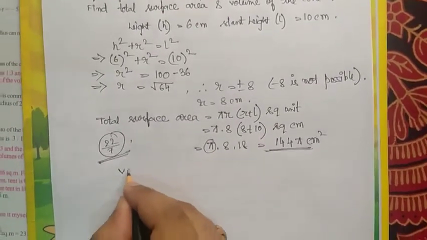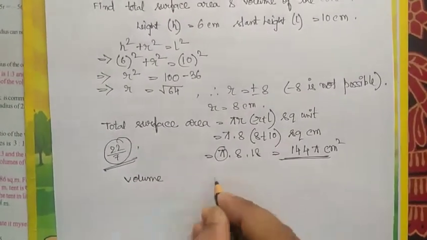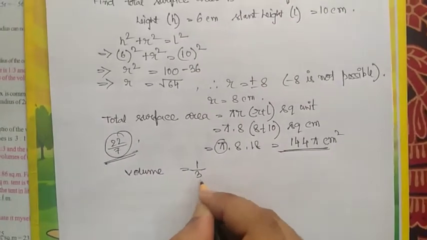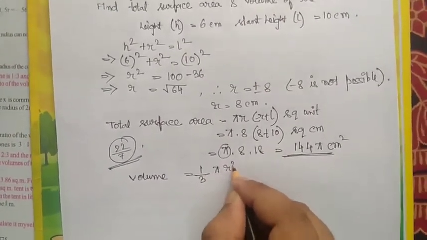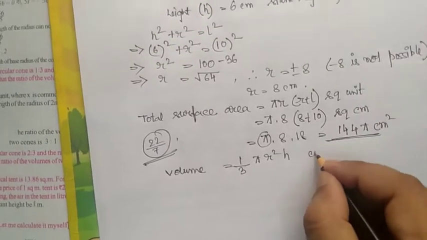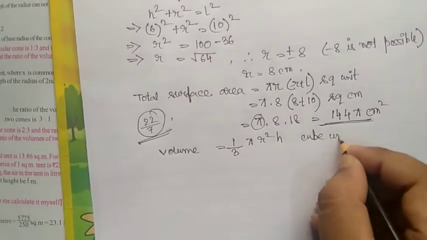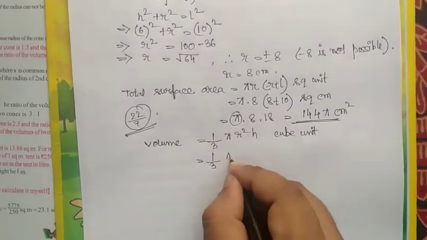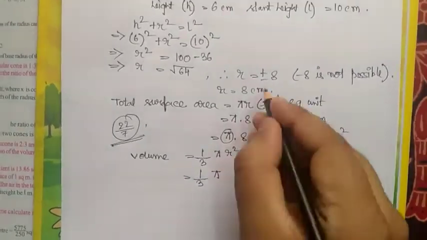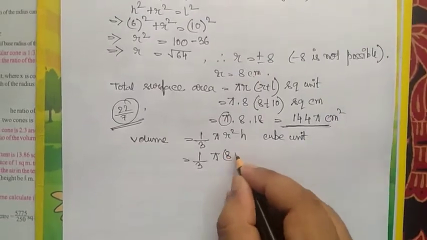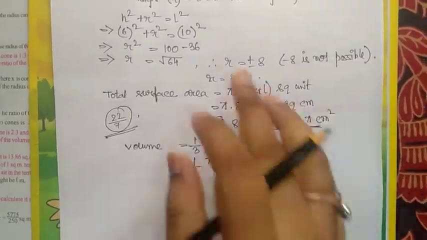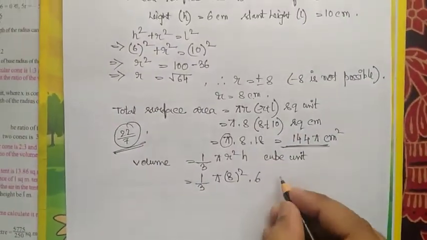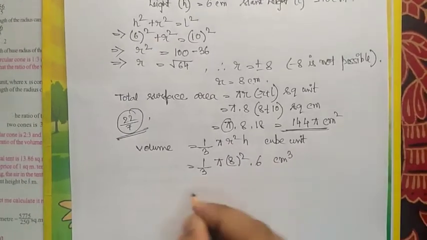So volume equals, we know the formula, 1 by 3 pi r square h cube unit. So 1 by 3 pi, r means 8, so 8 square, and h means 6, into centimeter cube.